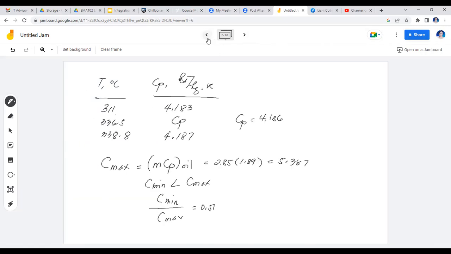So please take note of the NTU, 1.18, and for the ratio of C minimum to C maximum of 0.51, we go back to our graph here.